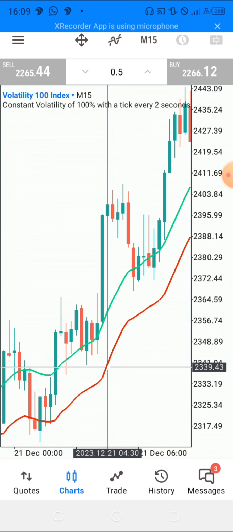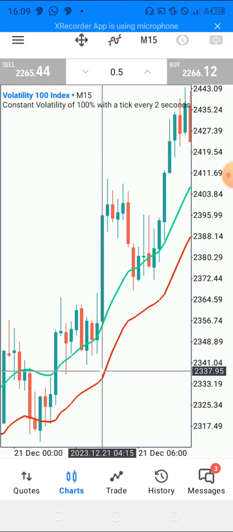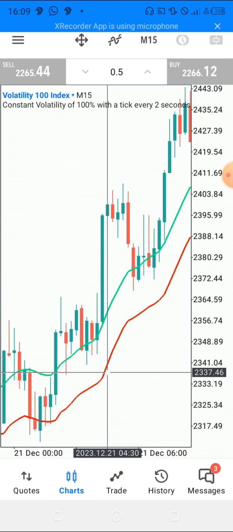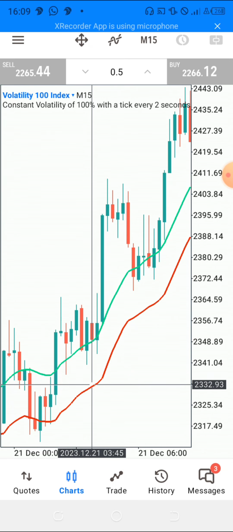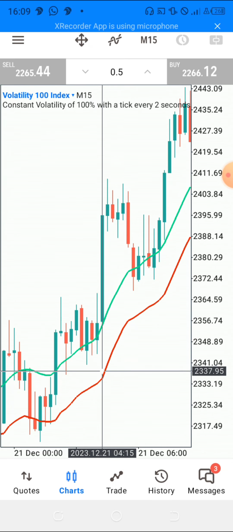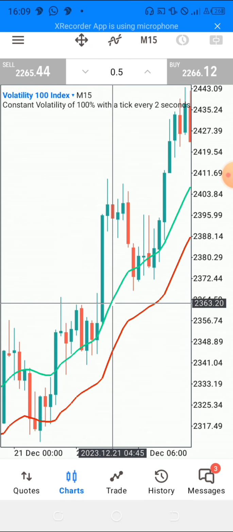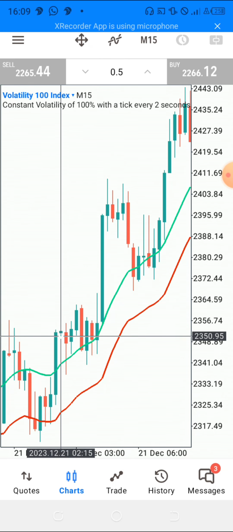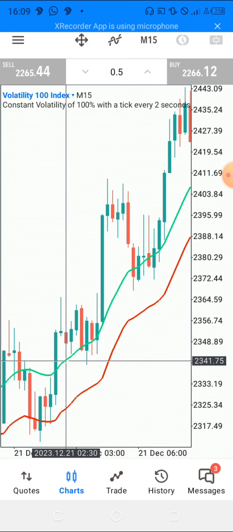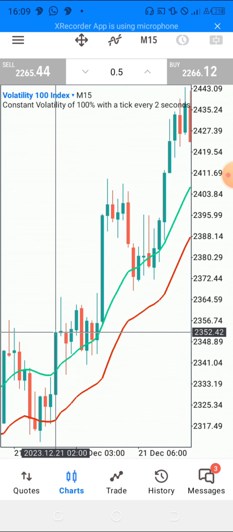You want a candle to close below this red line. This red line will act as your stop loss or your exit if the price doesn't move in your favor. So you want price to close above this green line, then you open a position here.